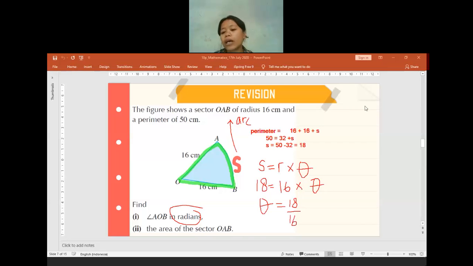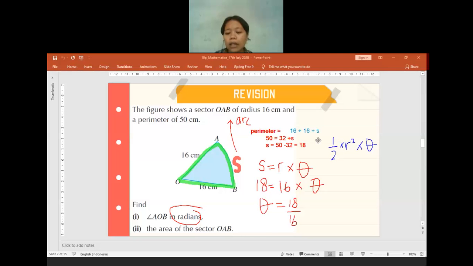So how do we find the area of this sector? The area will be 1/2 times r squared times theta. This is for the sector area.